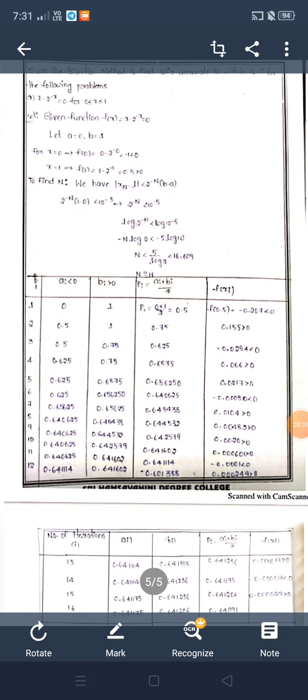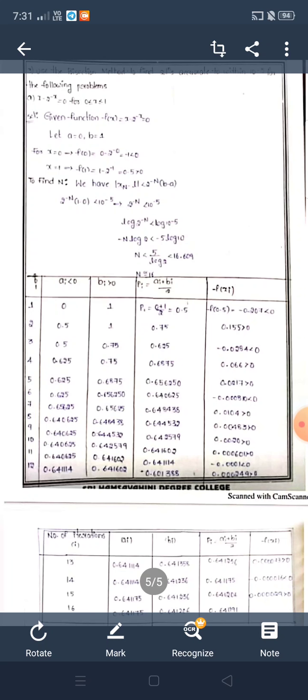Next, put i equals to 16. a16 is equal to 0.641175. b16 is equal to 0.641206. p16 is equal to (a16 plus b16) by 2 is equal to 0.641191.